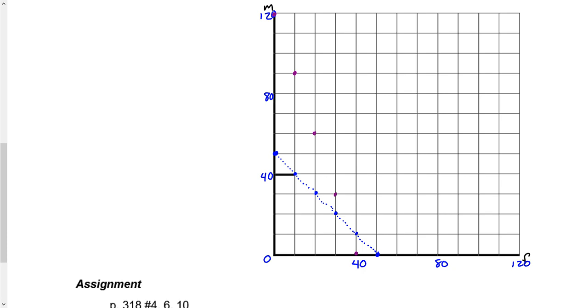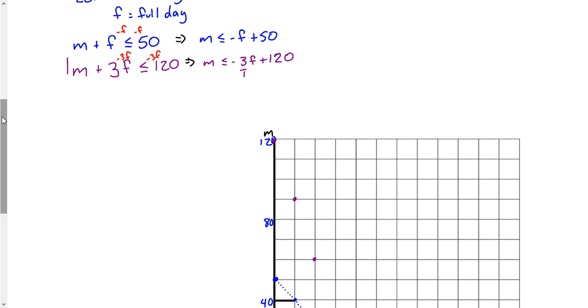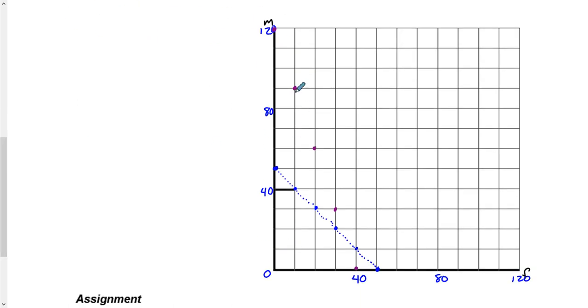Now, where are we going to shade? Well, both of them say less than or equal to. Less than or equal to both of these lines. And again, these ones technically are really dotted, not dashed. Sorry, I'm just going to delete that part because that definitely looks like it's dashed. It's dotted.